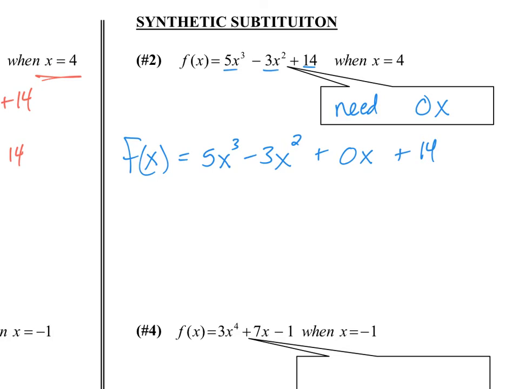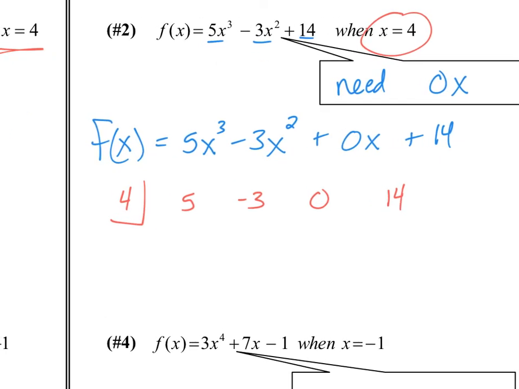How synthetic substitution works is you take the number that you're trying to evaluate, and that goes up in this top corner in what I'll call a box. Then we put every coefficient in order. The first coefficient is 5, then -3, then 0, and then 14. This is why we needed to put in a 0, because if you don't, it's going to mess this up.